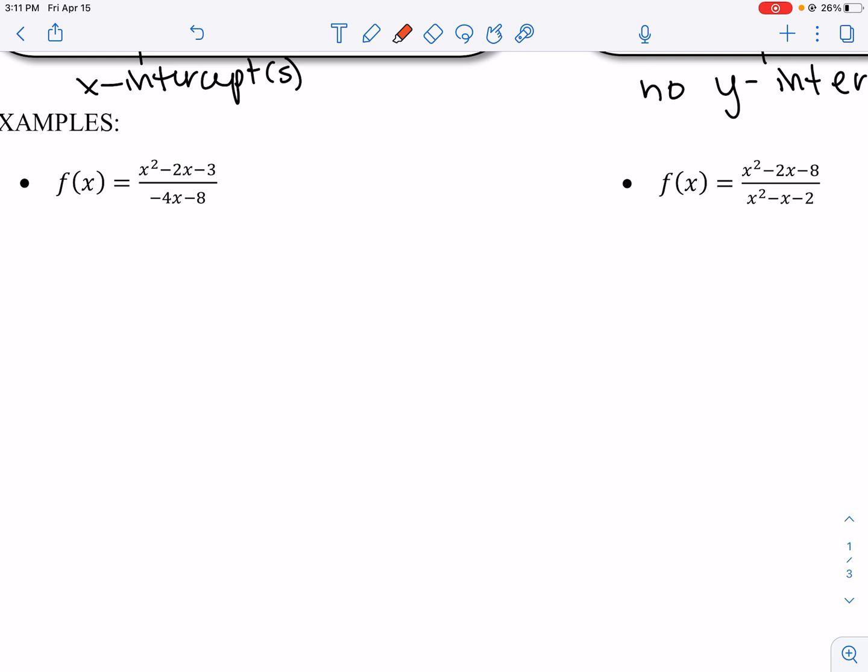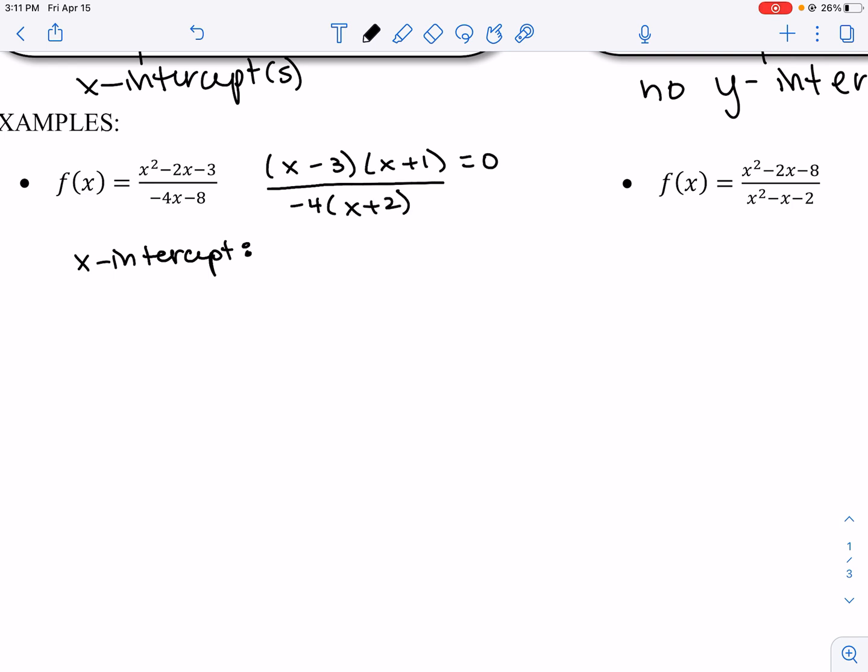In this case, if we were to find the x-intercepts first, we need to factor both still, because if something is a hole, it is not considered an x-intercept. So in this case, it's x minus 3 and x plus 1 all over -4 and x plus 2. There are no holes, so we're setting the numerator equal to 0.